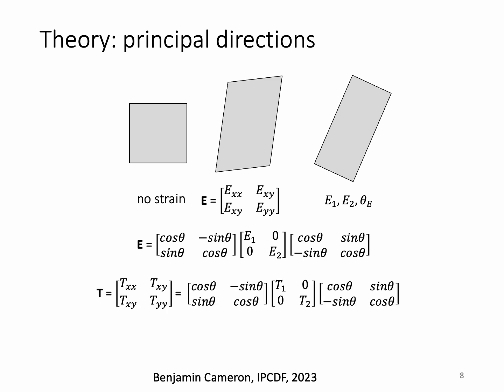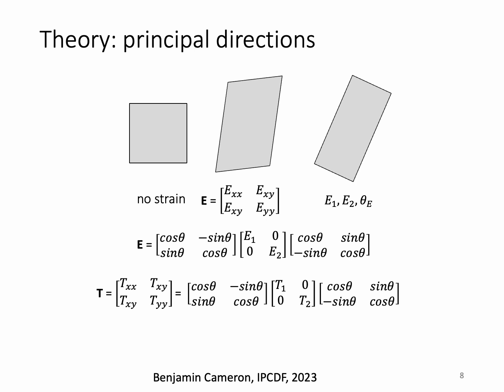We can also do exactly the same thing with the stress T. And in the case of elasticity, if the function mapping the elastic strain to stress is isotropic, you can prove that these angles will be the same. Similarly, in the limiting case of plasticity, you can prove that the stress will have the same principal directions as the plastic strain rate.